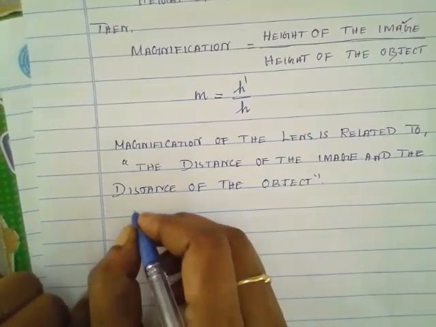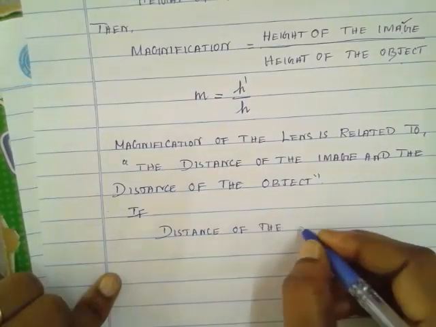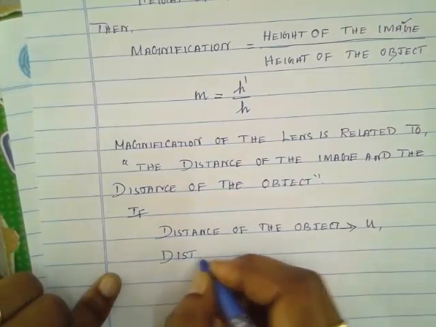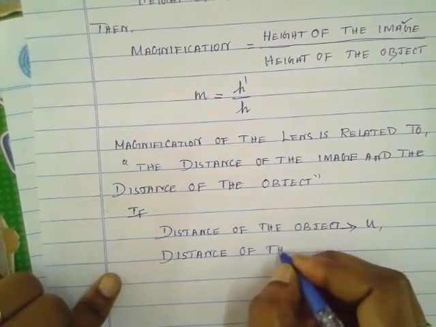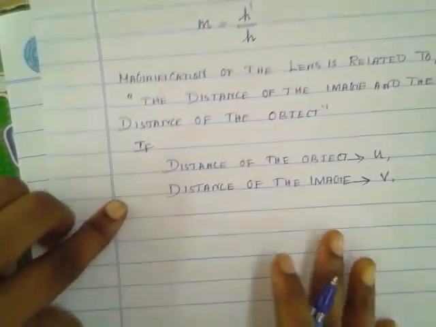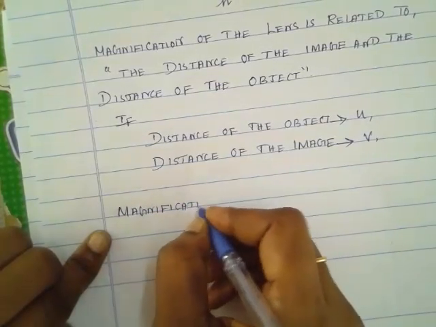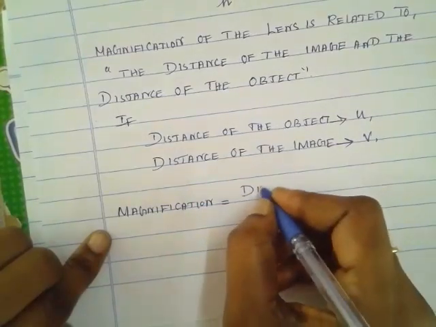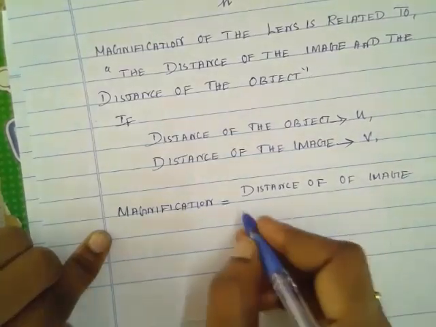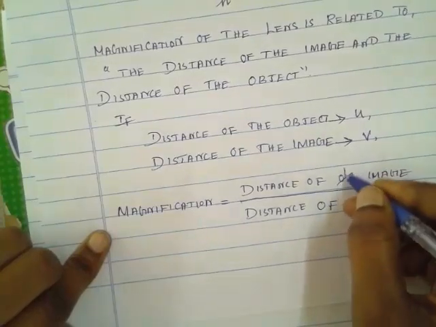Suppose the distance of the object is u and the distance of the image is v, then the magnification is represented by magnification equal to distance of image divided by distance of the object.